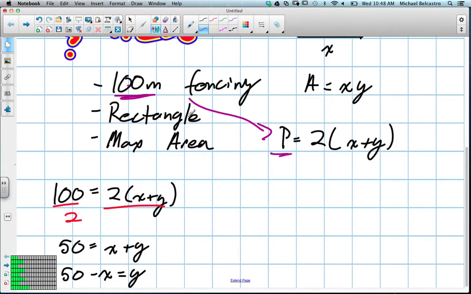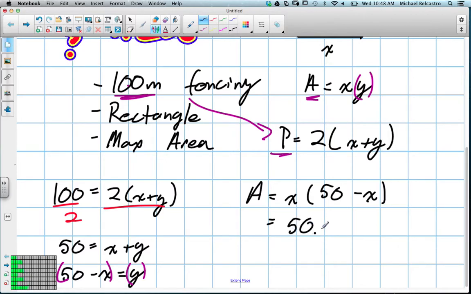With that information of our y, we're going to replace y in our area equation. Area is equal to x multiplied by 50 minus x. Okay? We'll then have 50x subtract x squared as our area function, and that's area in terms of x.